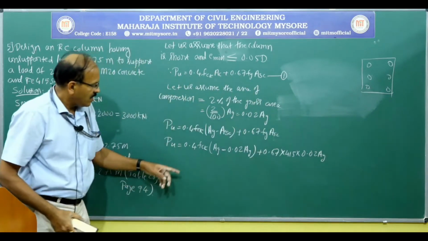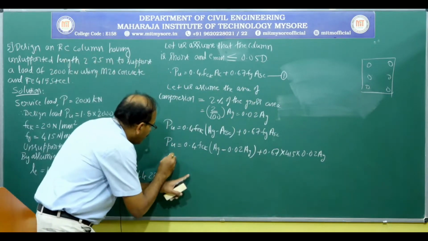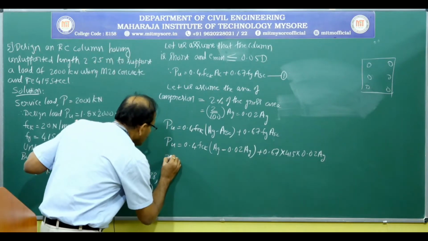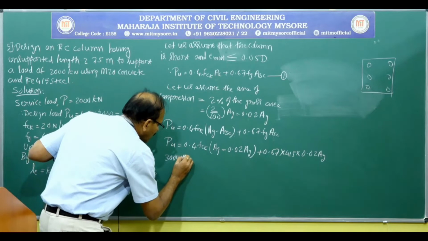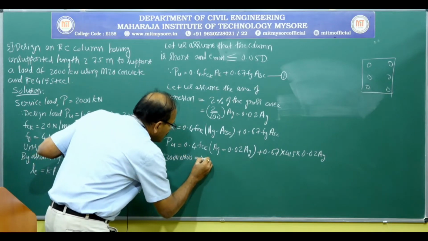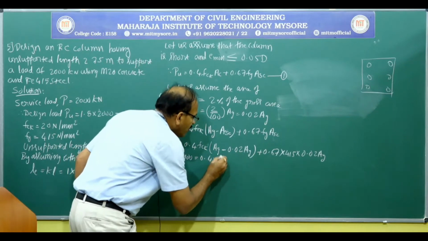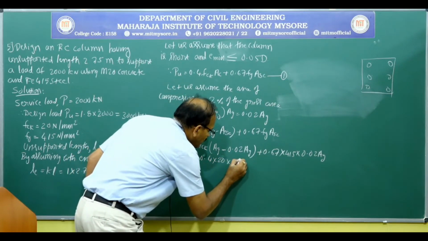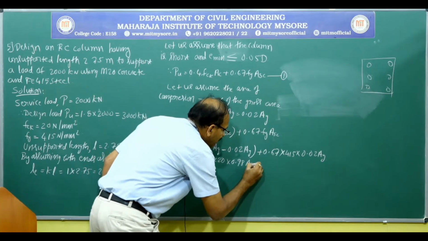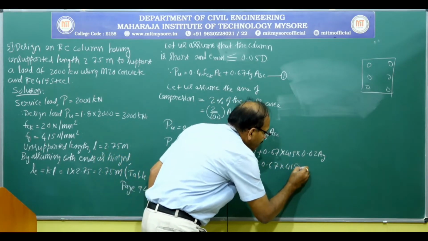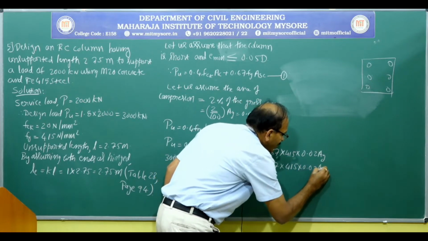Going further, that is, Pu is 3000 kilonewton. Convert the value into Newton, 0.4 fck, M20 concrete, multiplied by 0.98 Ag, plus 0.67 into 415 into 0.02 Ag.